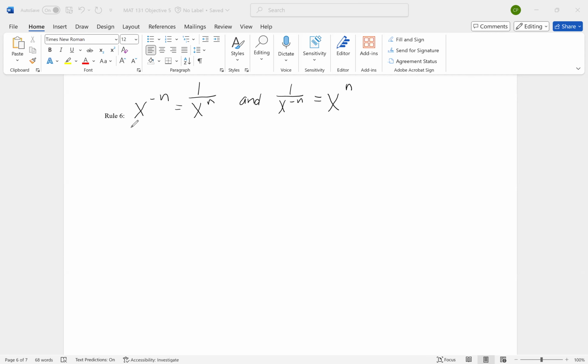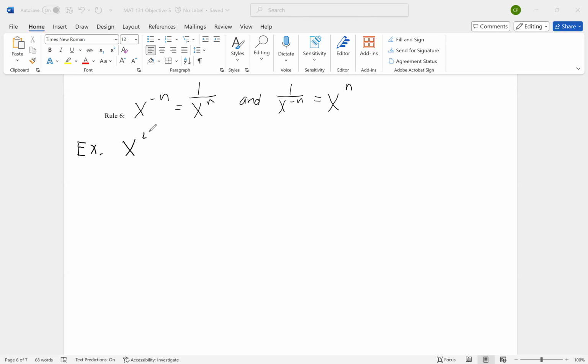So if the exponent is negative, the way we make it positive is by moving it. If it is in the numerator, we will move it to the denominator to make it positive. And if it's in the denominator, we will move it to the numerator to make it positive. Okay, so let's look at some examples of that.